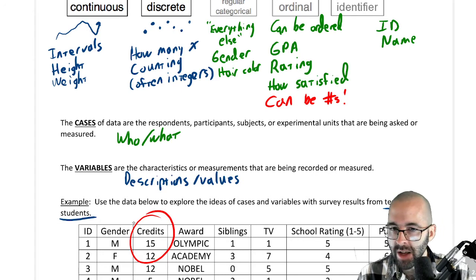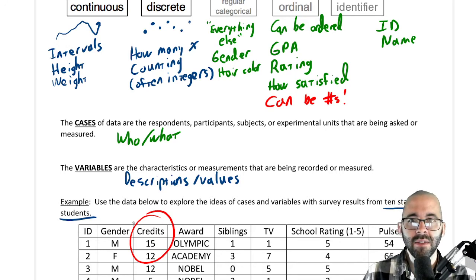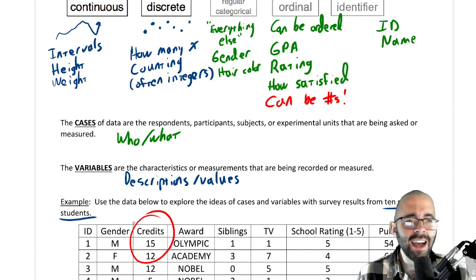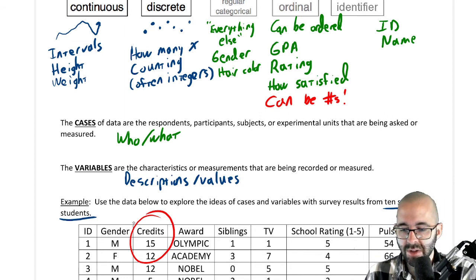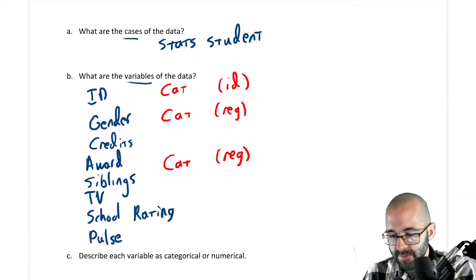If I'm taking 3 credits and I take 4 more, I have 7 credits now. These are numbers that make sense to add and subtract. Another thing that would not be a numerical thing would be zip code, right? It doesn't make any sense to add or subtract zip codes or area codes or something. So even though those are numbers, those wouldn't be numerical. This right here is going to be numerical.